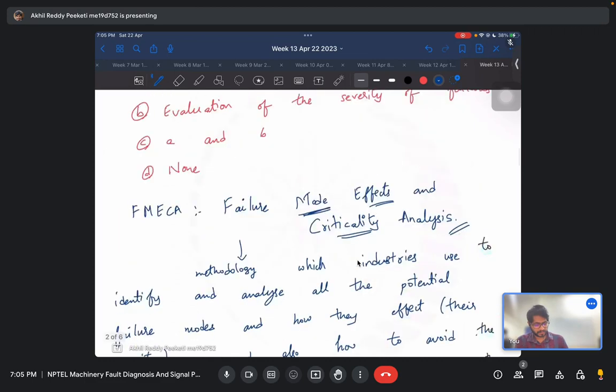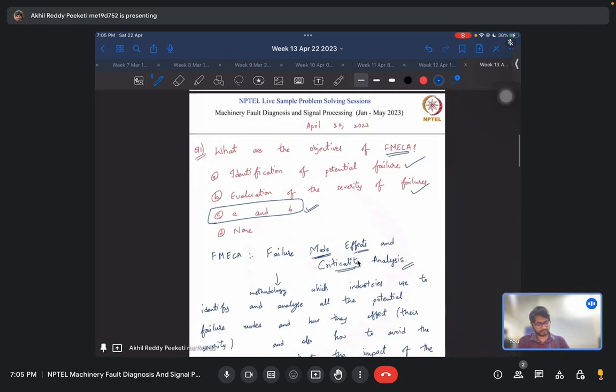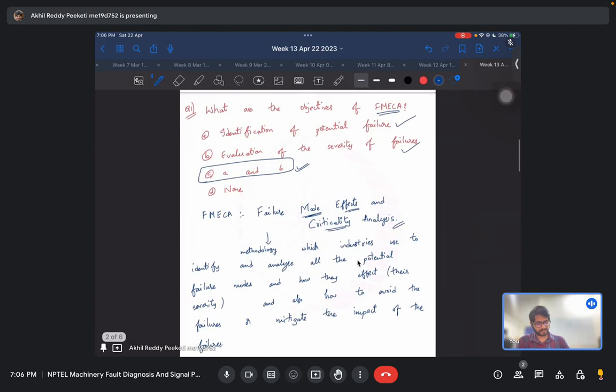Okay, so the options identification of potential failure and evaluation of severity of failures both will come under the failure mode, effects and criticality analysis. So the option is C, A and B. So these are the primary objectives: to identify the potential failure and evaluate the severity of the failure, and then how to avoid the failures or mitigate the impact of the possible failures.